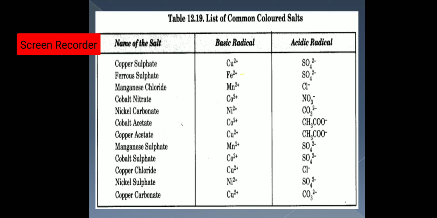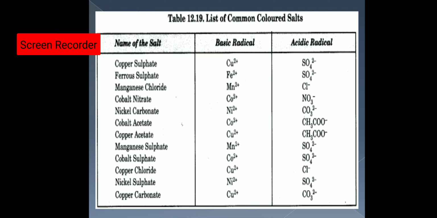So here what you are observing, a radical is an atom here, and in this case it is a group of atoms having a positive or negative charge over it, and during a chemical reaction they will behave as a single unit.